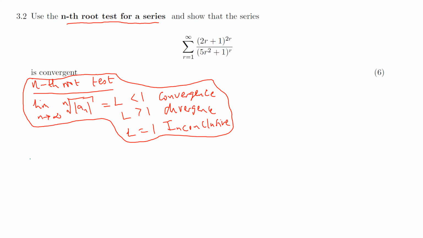Okay, so now here's the solution in green. We let a_n be (2n plus 1) to the power 2n, divided by (5n squared plus 1) raised to the power n.